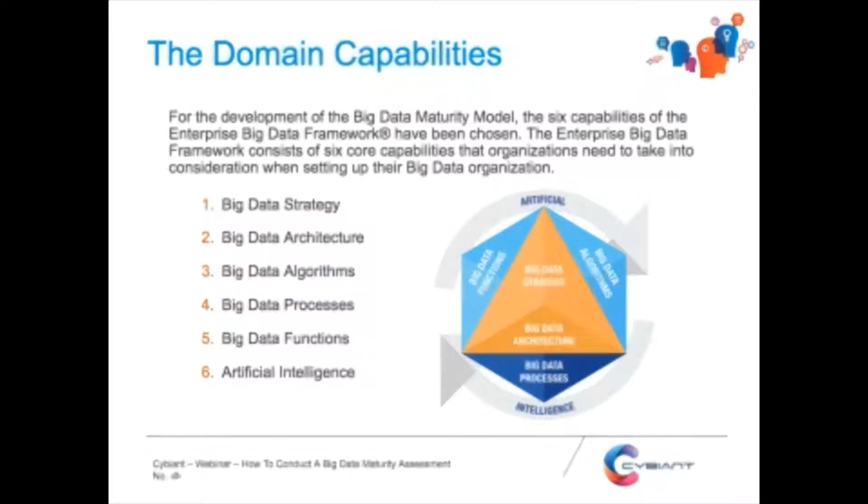So it's really not possible to start with AI in case you don't have adequate processes in place. It's also not possible to do AI in case you don't have your architecture in place. So AI is the 6th capability where we really try to mimic human decision making, but that coincides with all the other 5 domains. So for each of those domains, we are able to measure how capable you are.